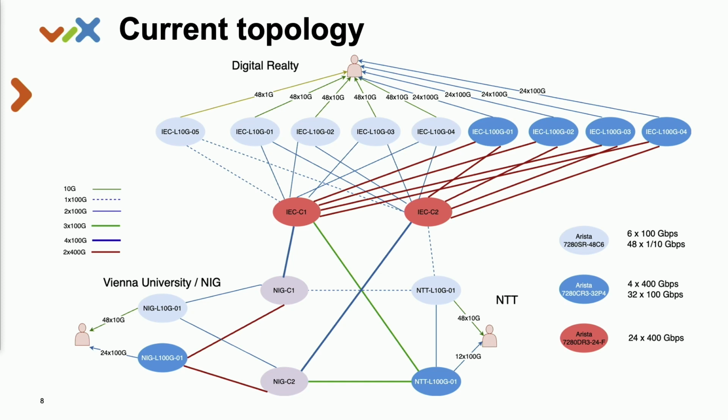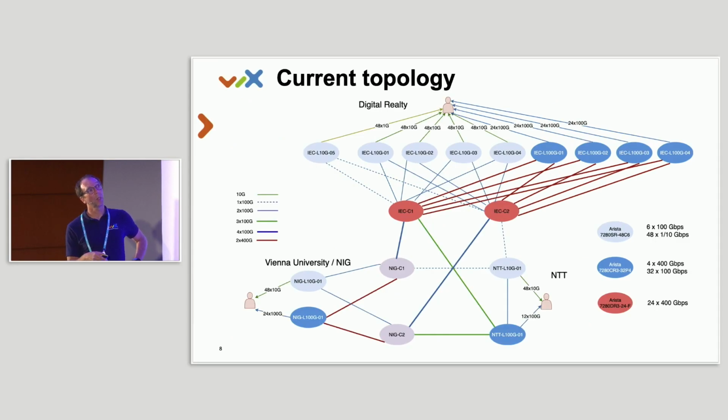When we upgraded from the old Brocade to the new Arista platform, we came from like 20-ish 100 gig ports to 64, because we had 2 of those 100 gig leaf switches, and when we started we also had 2 of these switches as the core switches at Digital Realty, but half a year later we wanted to double our 100 gig ports again, and we just moved the core switches from here to the leaf and introduced new core switches, and this was a good point in time for us, because in the meantime there was a new model available with 400 times 400 gigabits.